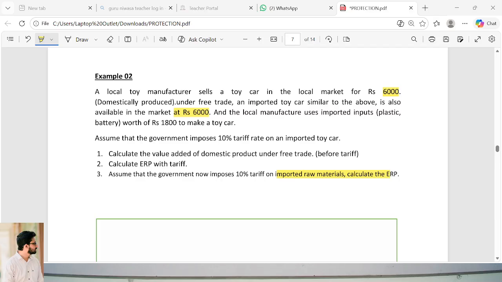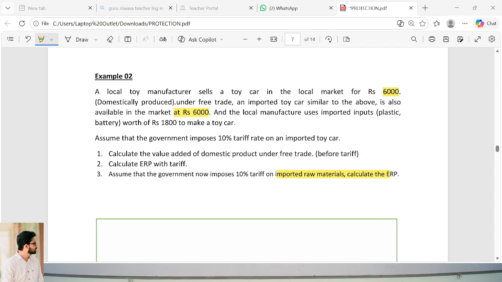Otherwise, it's difficult for us to clarify what happened. Second one with tariff means I'm talking about the second question.